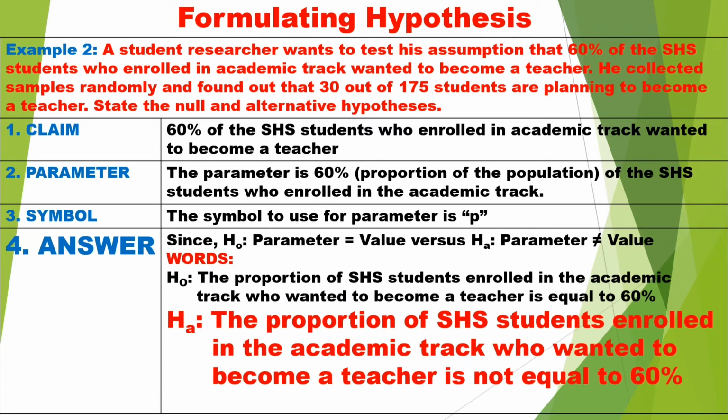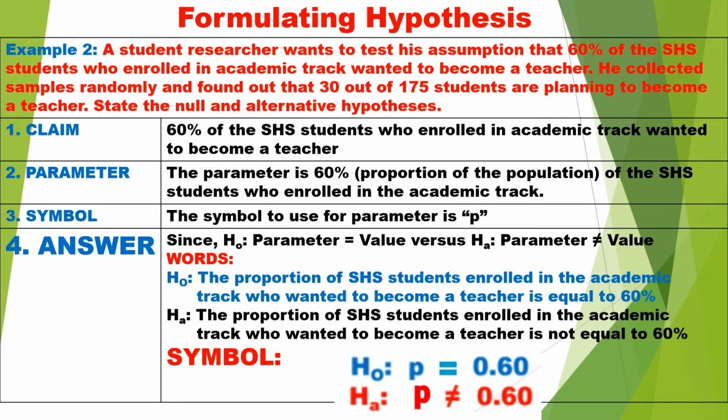H sub a or the alternative hypothesis is: the proportion is not equal to 60. In symbols, H sub 0: p is equal to 0.60 and H sub a: p is not equal to 0.60.